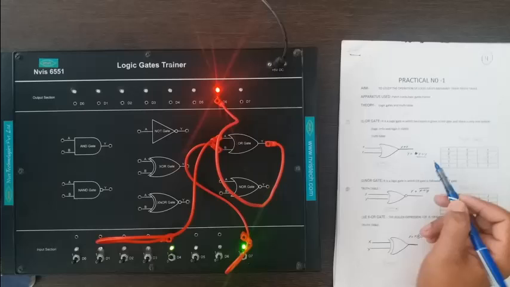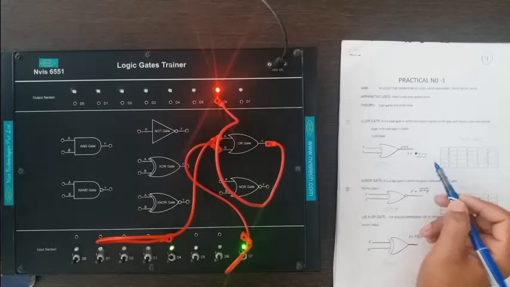Like your both inputs are here 0 and 0, your output should be 0 or low. When both inputs are high, your output should be low.